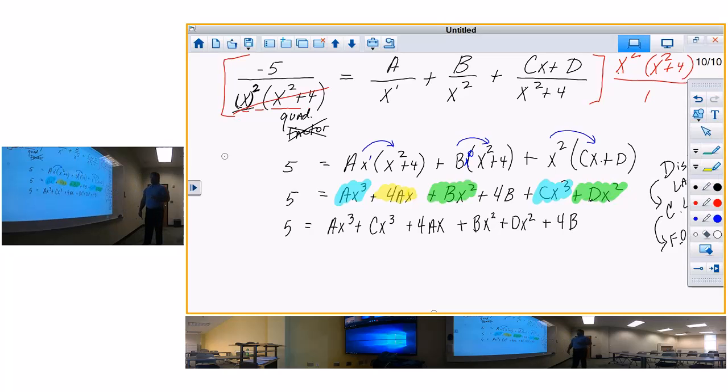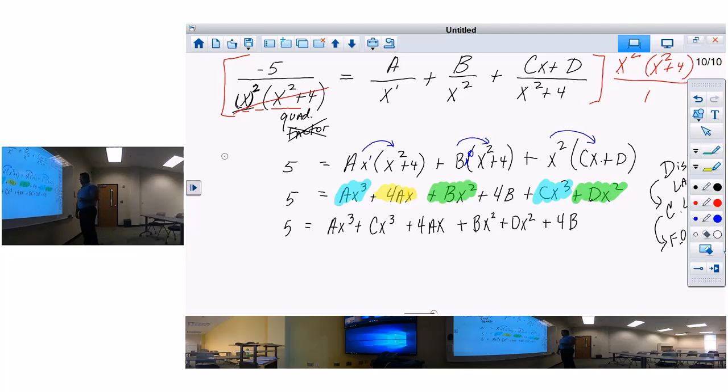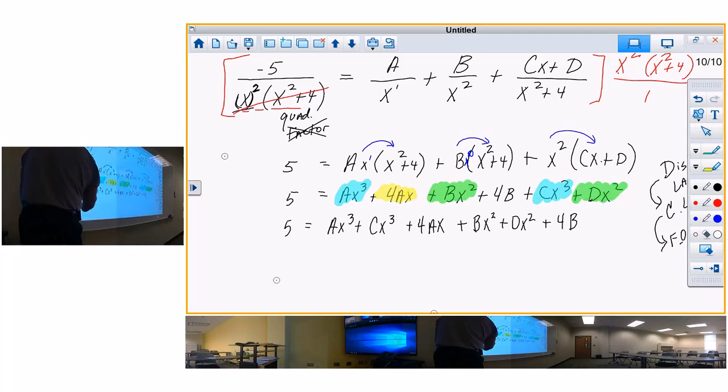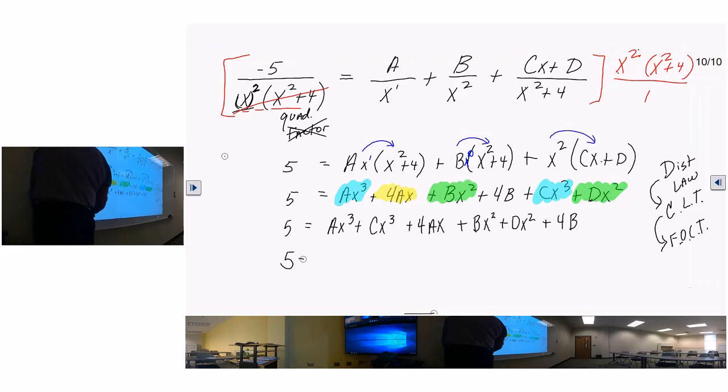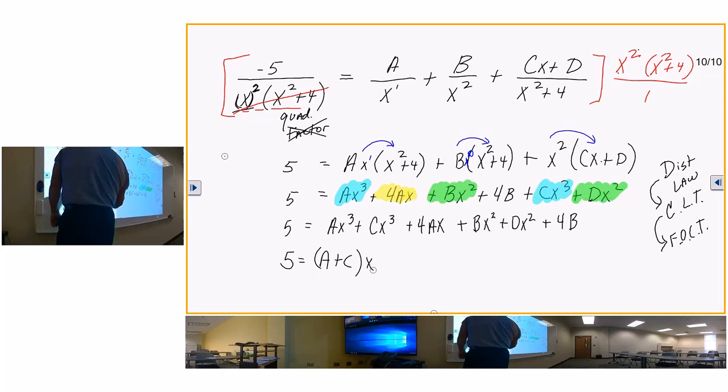Okay, so what's in common with the ax cubed plus cx cubed? X cubed, that's right. But I'm going to write it a little bit different, okay? I'm going to write it like this: 5 is equal to a plus c, and I'm going to put parentheses around it, and then I'm going to put x cubed.